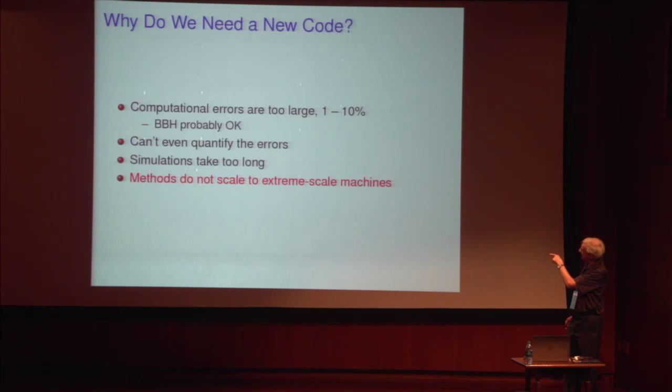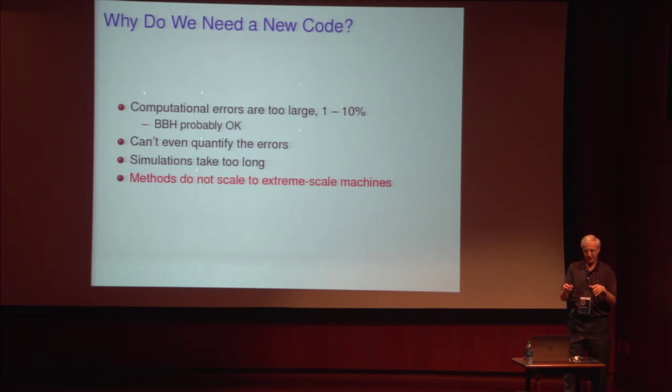So if we want to get to better than 1%, the problem is that the current methods won't scale up to take advantage of bigger computers. So people are now talking about exascale computers. I had to look up what exa was. It's the thing that comes beyond whatever, atto or something like that. It's big.